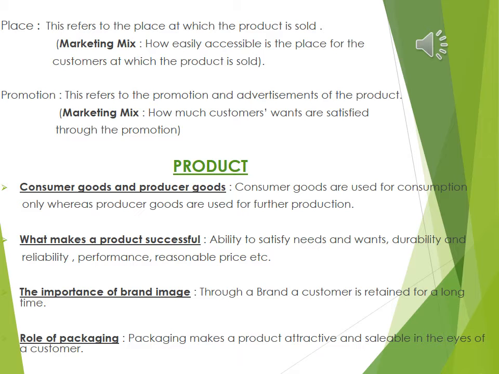The second point highlights the fact that it should satisfy customers' needs and wants the way a customer requires. Its performance should be good, it should be reliable, and quality should be consistent with its brand image as it is shown. It should be as it is shown. It shouldn't be something that is not shown in the advert.